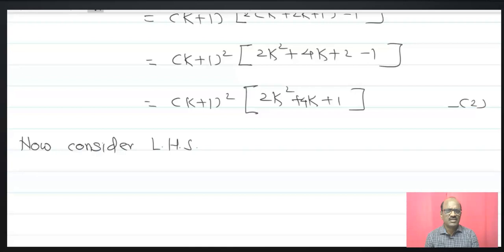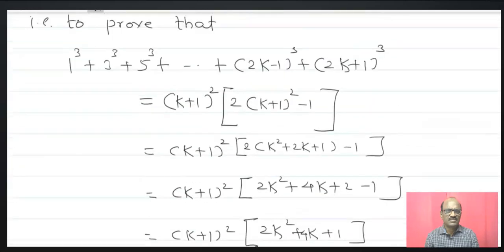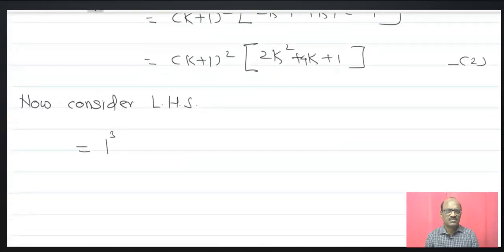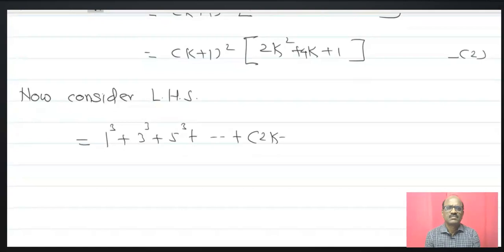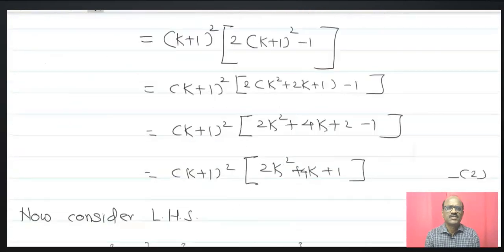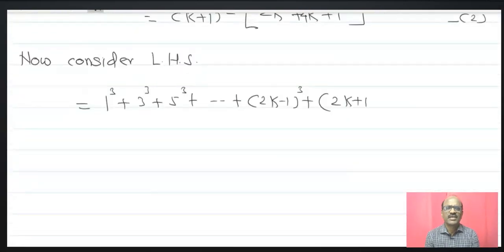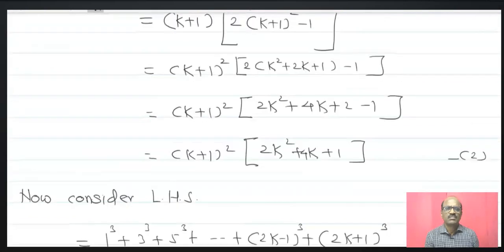Now consider LHS. That is 1 cube plus 3 cube plus 5 cube plus 2k minus 1 bracket cube plus 2k plus 1 bracket cube.